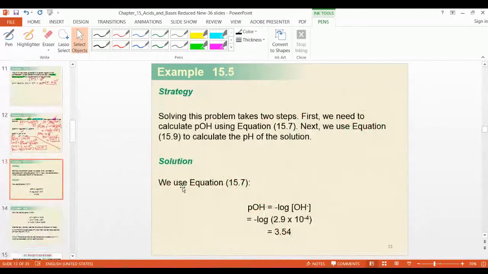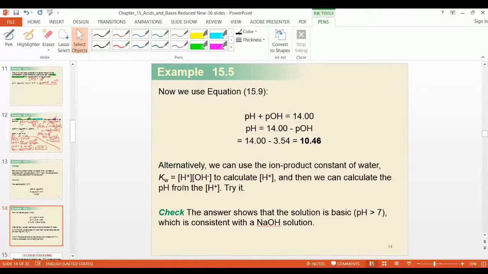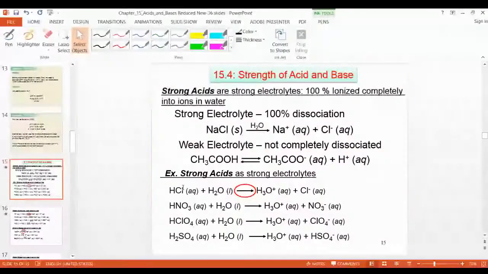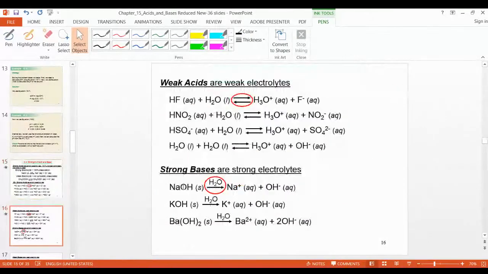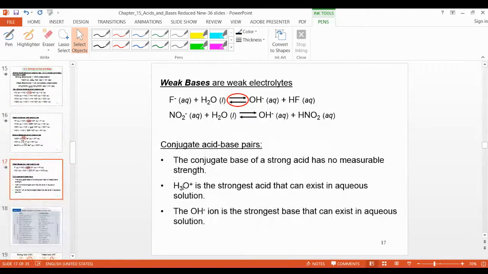These are all calculations. Sometimes you have a single calculation, sometimes you will use both formulas, and you should know strong acid, strong base. I already explained on the basis of pH, Ka value or Kb value. If the acid constant Ka is high, it means it's a strong acid. If the acid constant is low, it means it's a weak acid. Similarly for base.